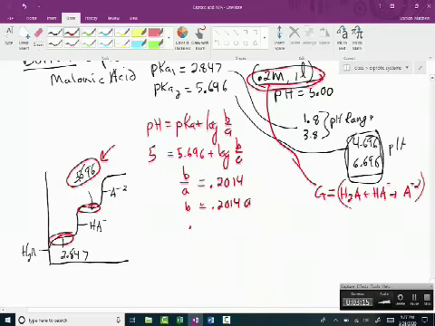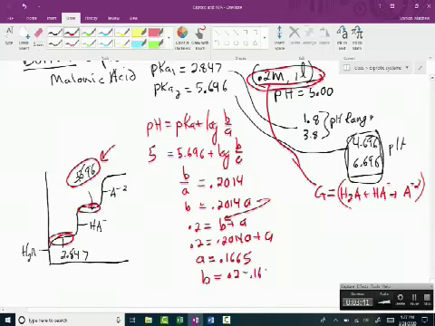And so 0.2 is equal to B plus A. I plug in and solve: 0.2 equals 0.2014A plus A, which gives me A equal 0.1665, and B therefore will equal 0.2 minus 0.1665, which equals 0.03335.